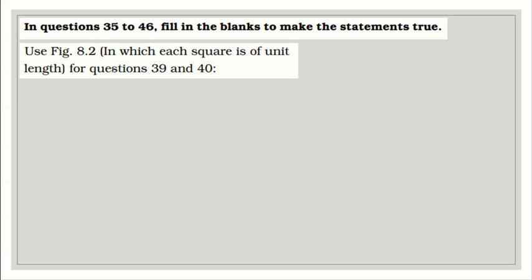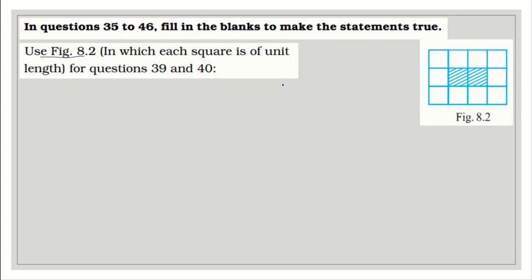And question number 39 to 40 is based on figure 8.2, in which each figure is a square of unit length. So here we have a figure made of squares, 4 units in a row, and such rows 3 in number.